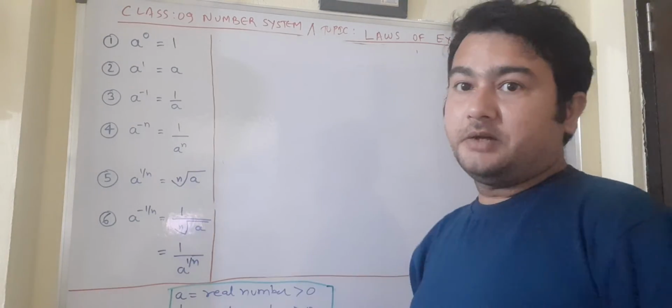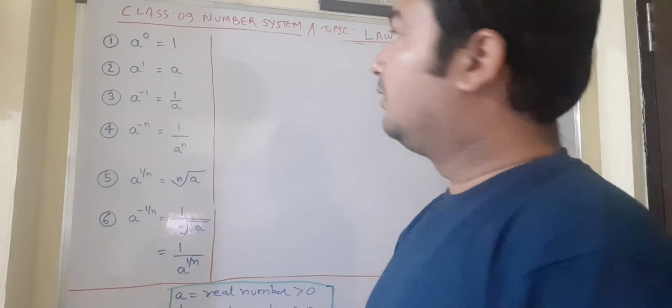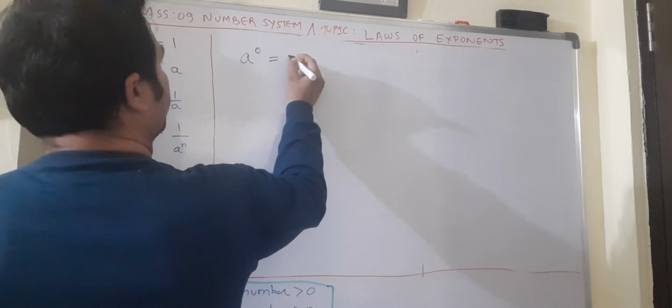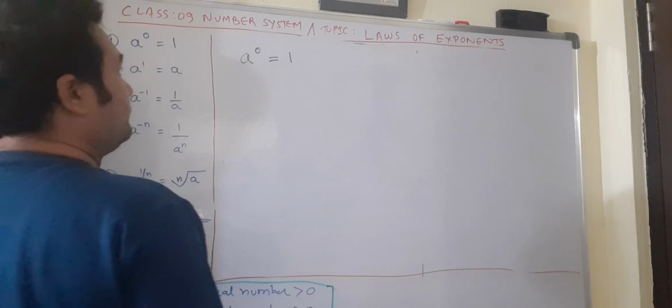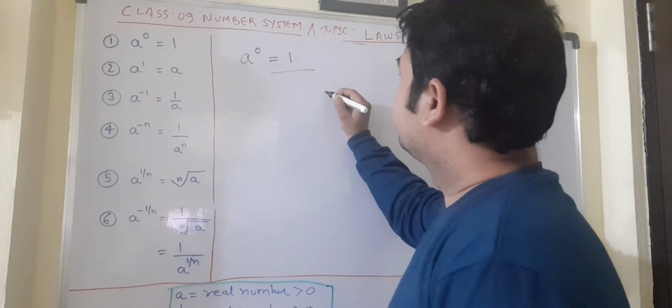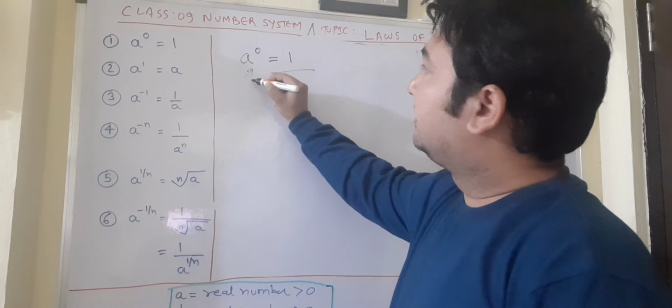Now a to the power 0 equals 1. How? I say a to the power 0 equals 1. See, how will you get a to the power 0?